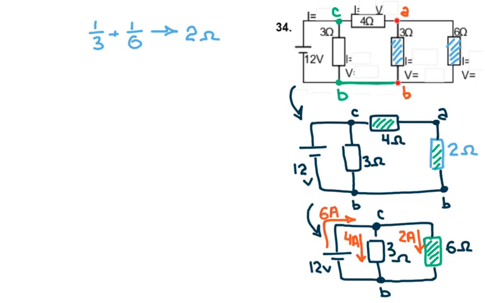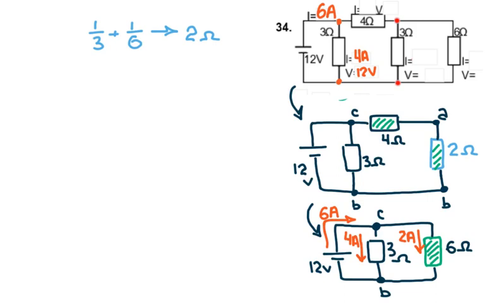So right here I'm going to erase my points and write that there are 6 amps. And for the first resistor we have 12 volt, so we said that that one is 4 amps and the voltage is 12 volts.